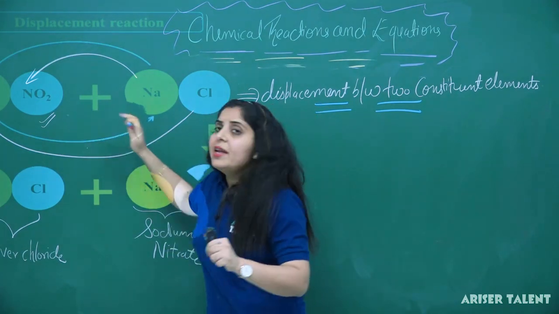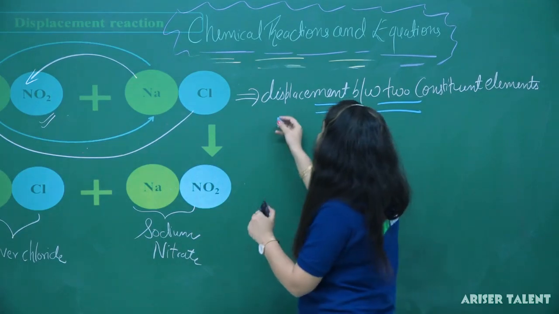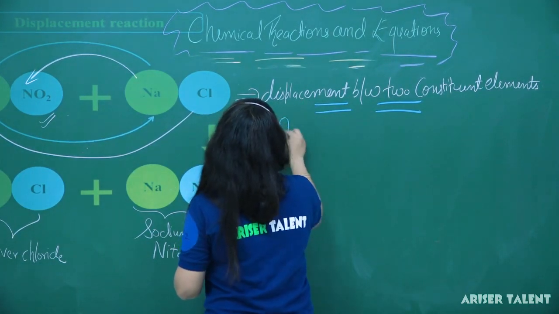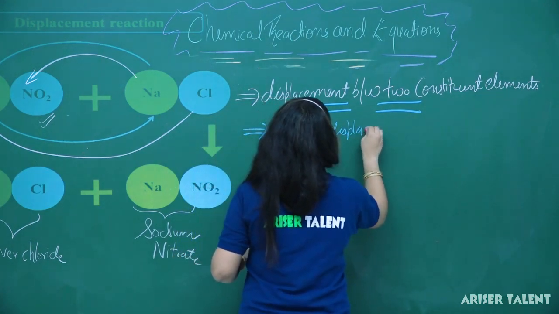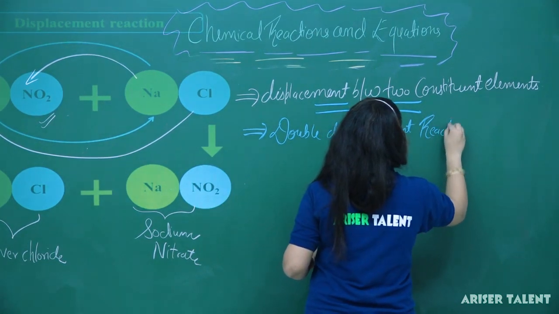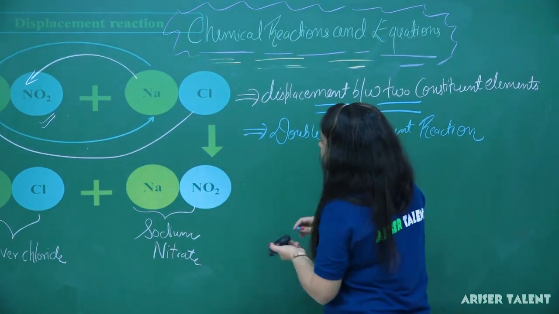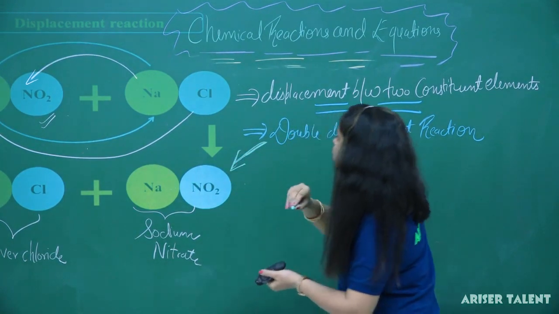Here we have reacted two components and there is an exchange of elements between the two components, so it is considered a double displacement reaction. So this will be the example for double displacement reaction.